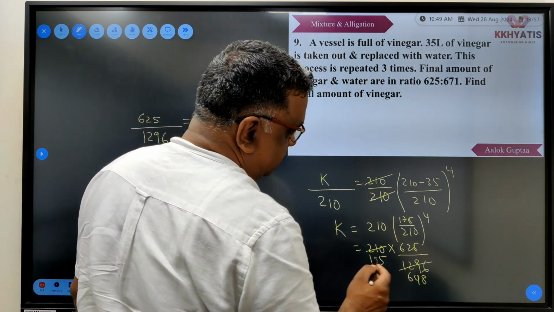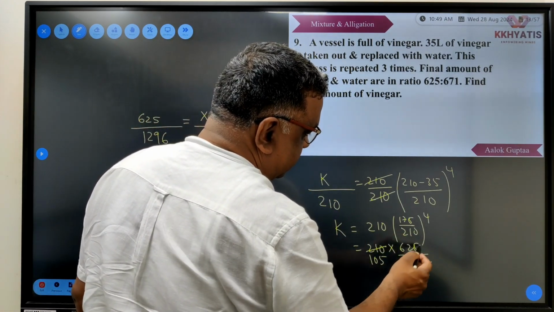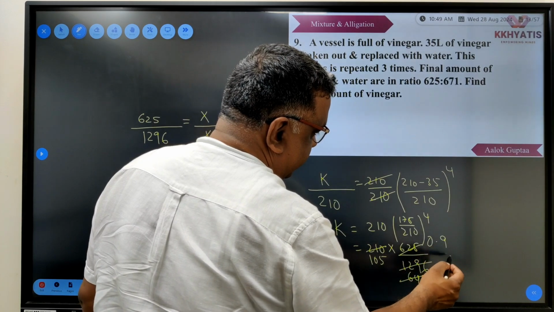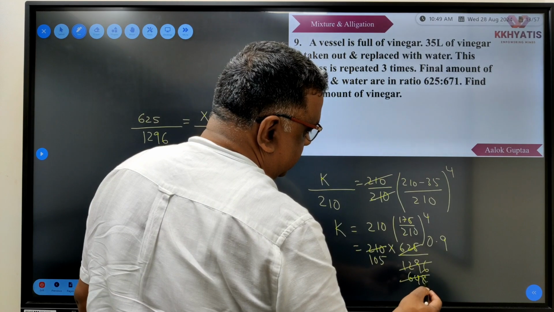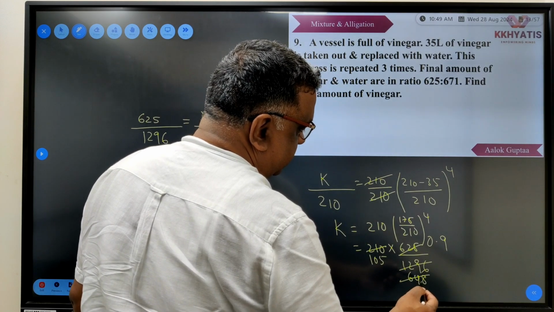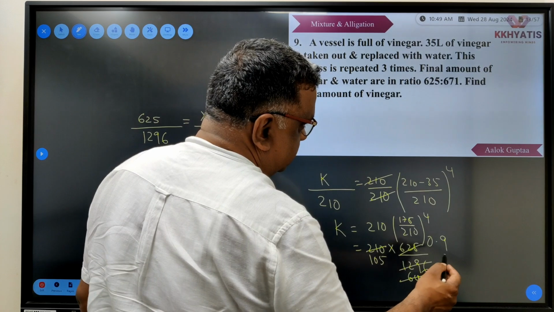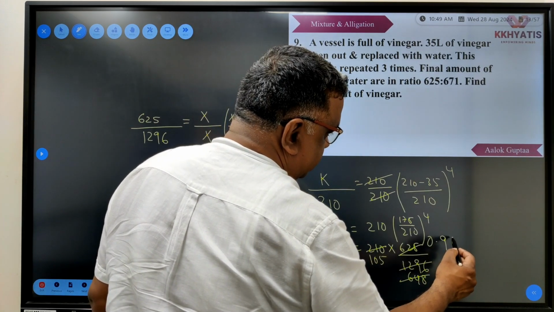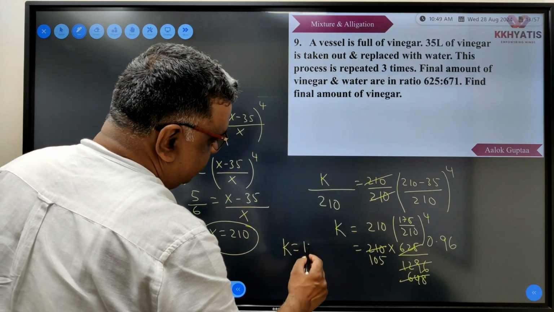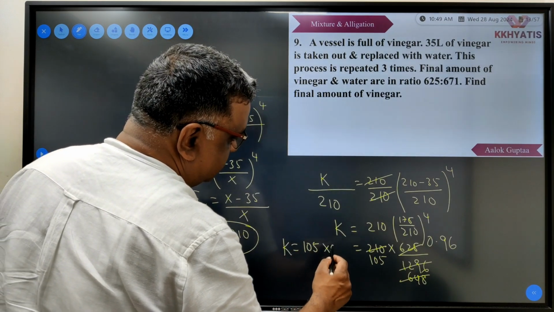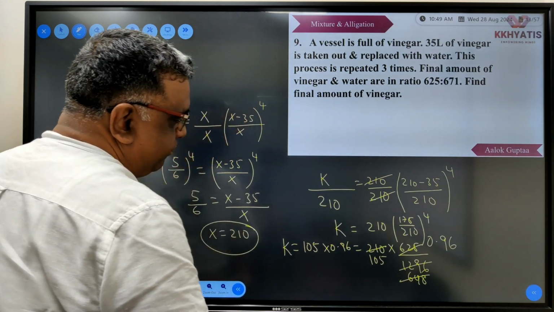Okay. So 625 upon 648, 0.9. So 48 gone, meaning 23, 2305 point something, so I will take 0.96. So the final quantity of vinegar left is 105 into 0.96.